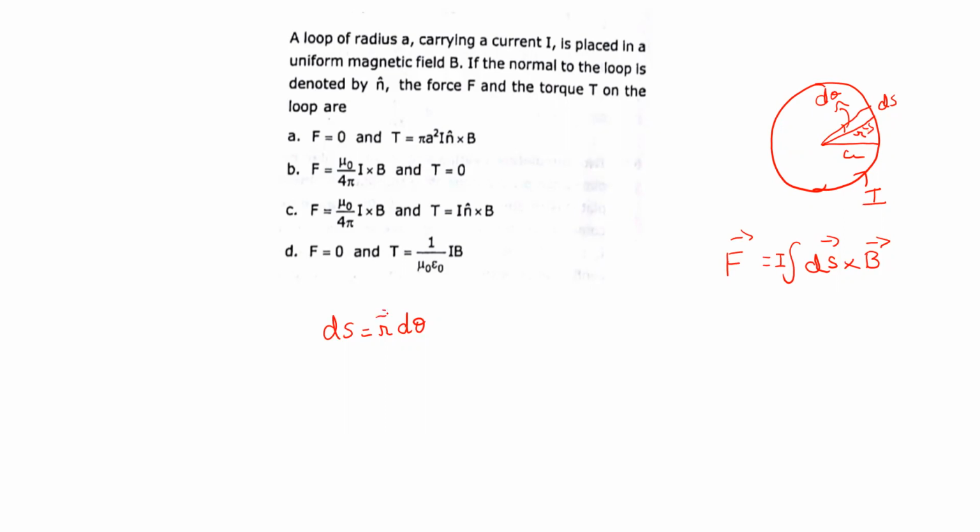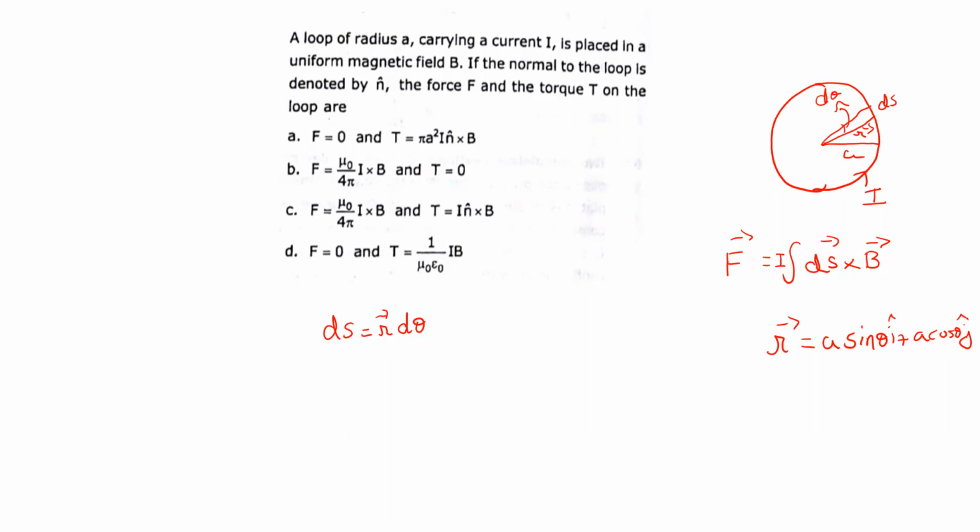Now the radius vector, in parametrized form, can be written out as a, the magnitude of the radius, a sine theta i plus a cos theta j.